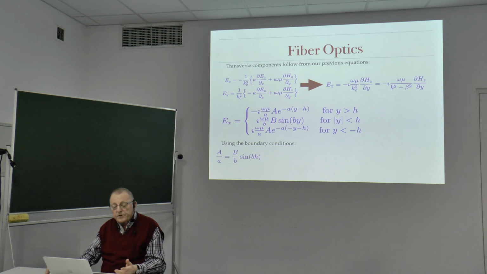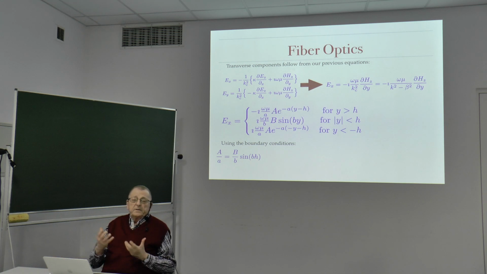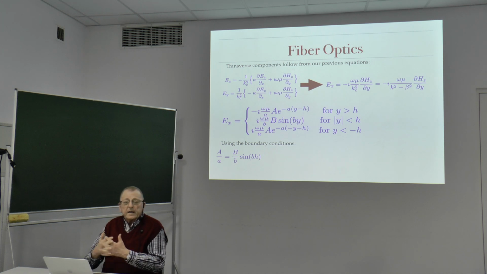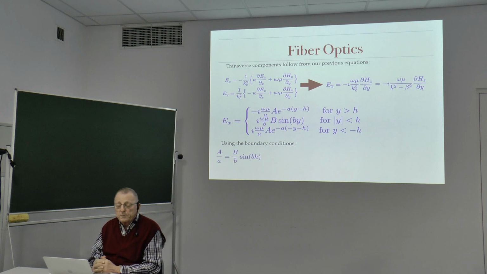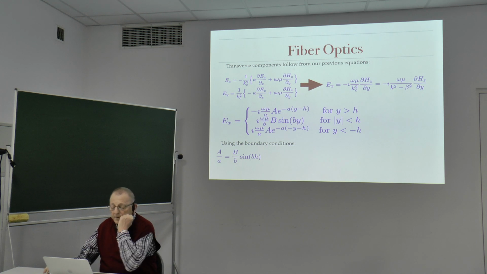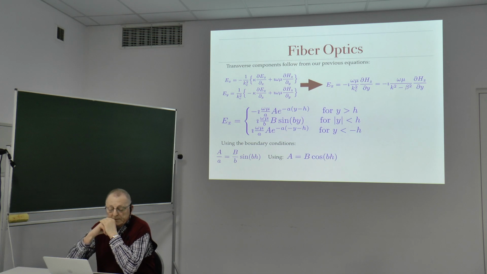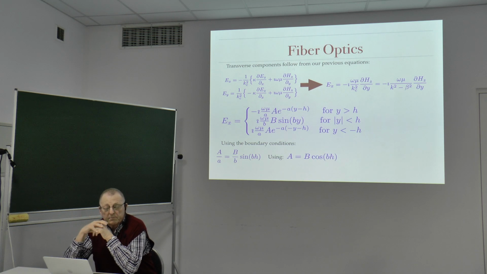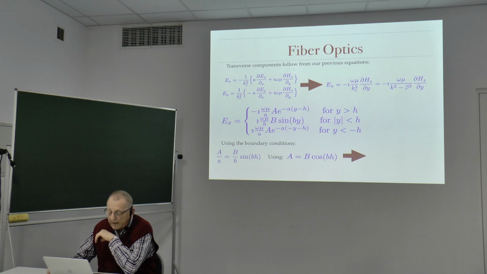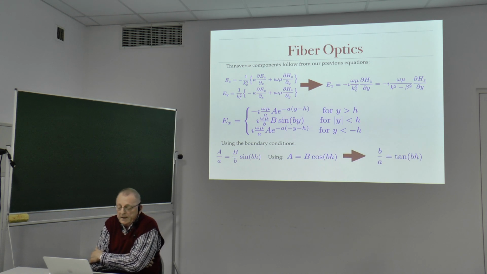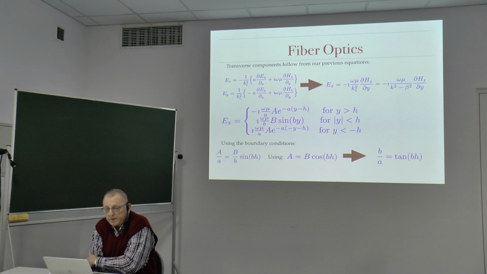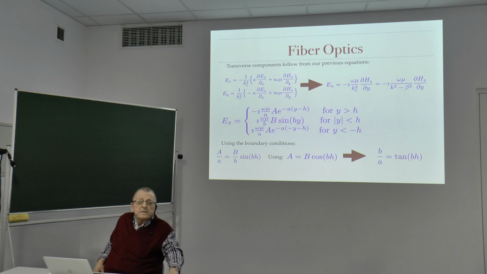So now I have my boundary conditions. If I combine this, then I have the equation that capital A divided by small a is equal to capital B divided by small b times the sine of bh. And if I use the previous boundary condition, I get the relation that b divided by a is a tangent of bh.